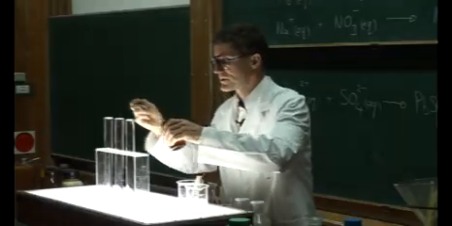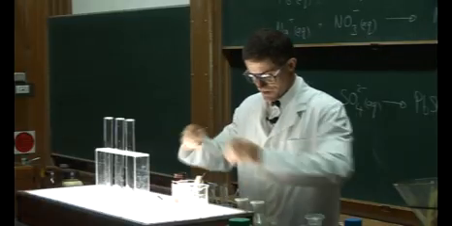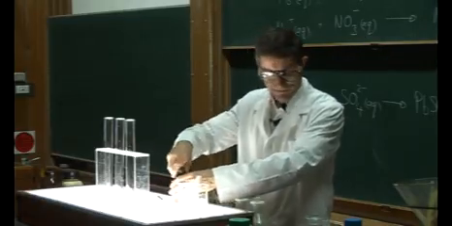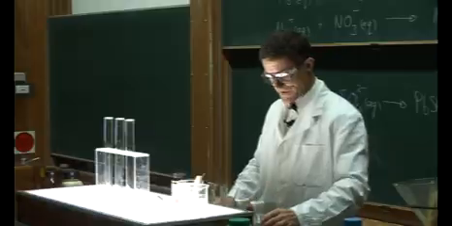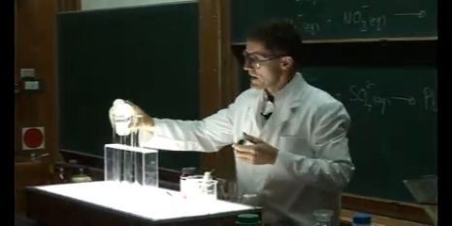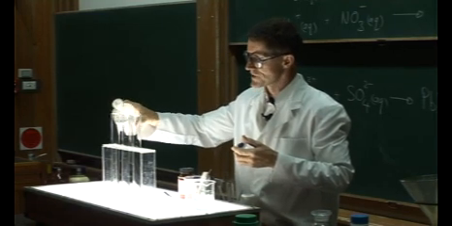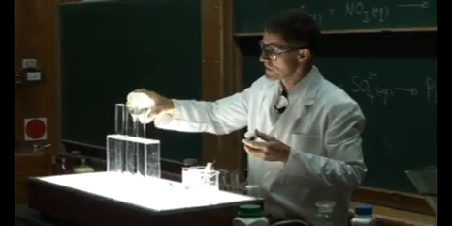Now, I haven't done this experiment with magnesium powder before, so I'm not entirely sure what's going to happen. But let's add to that some hydrochloric acid. If I add hydrochloric acid to copper, nothing happens because it's a non-reactive metal.